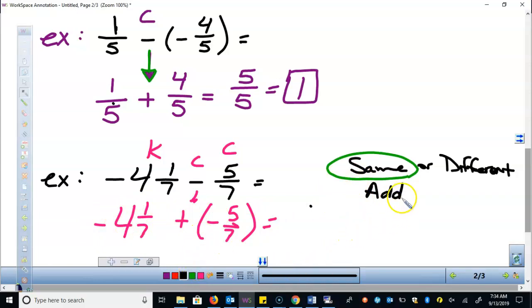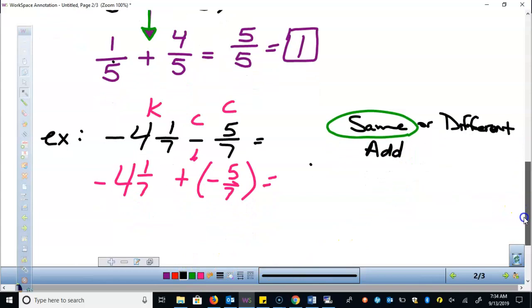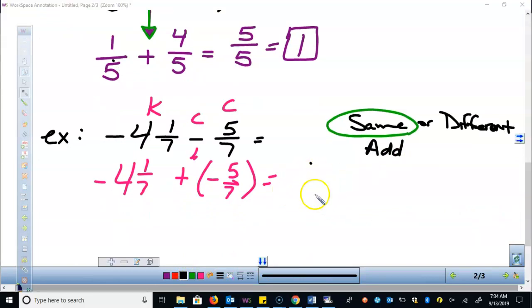The final question we have to be careful to ask ourselves is, what is my answer going to be? Is it going to be a positive or a negative? And in this case, because we have both negatives, you can think of it this way. We have 4 negatives over here and then almost 1 negative over there. There are no zero pairs.